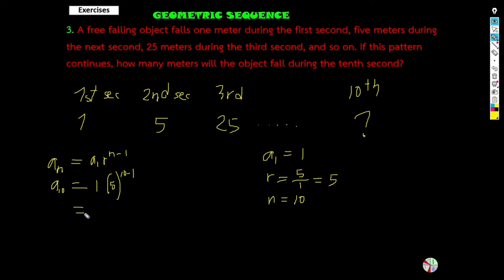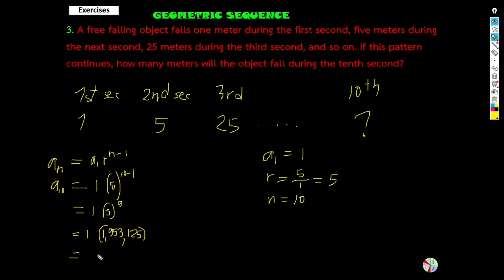Okay, so this is just equal to 1 times 5 to the power of 9, which is a big number, 1,953,125 meters.